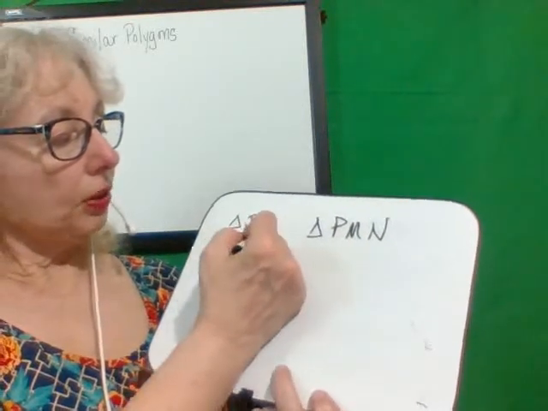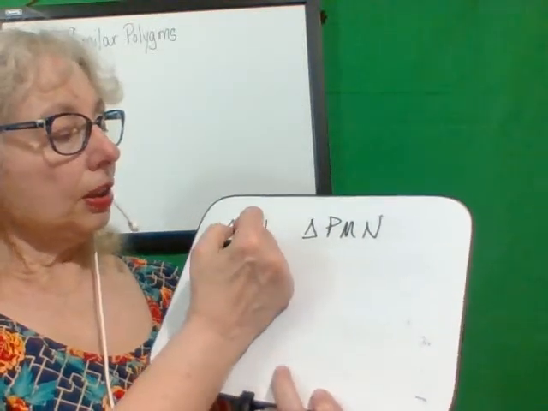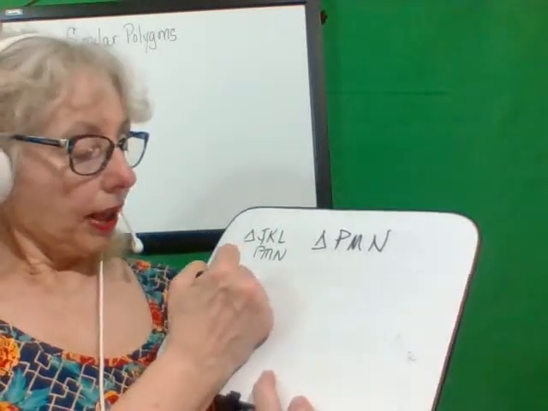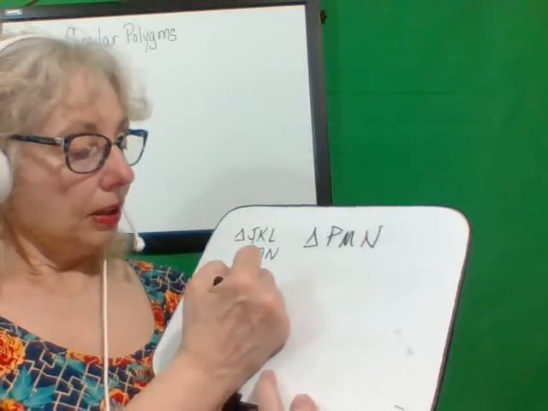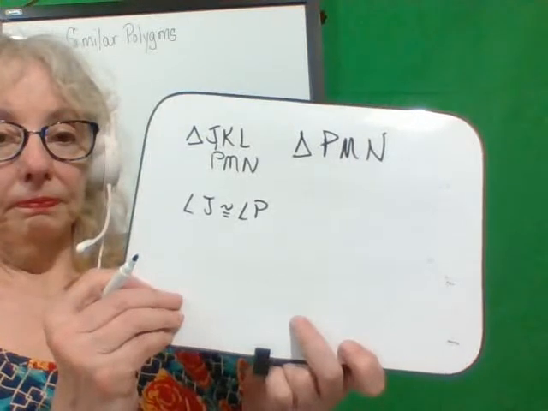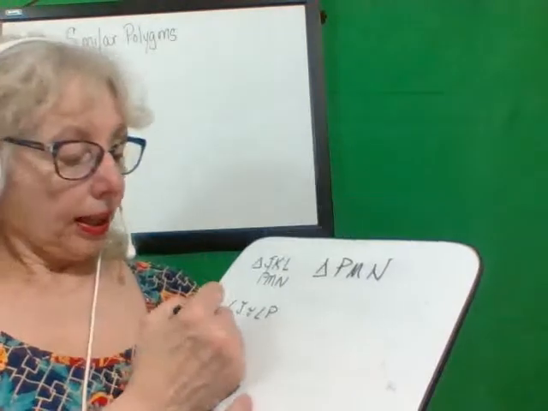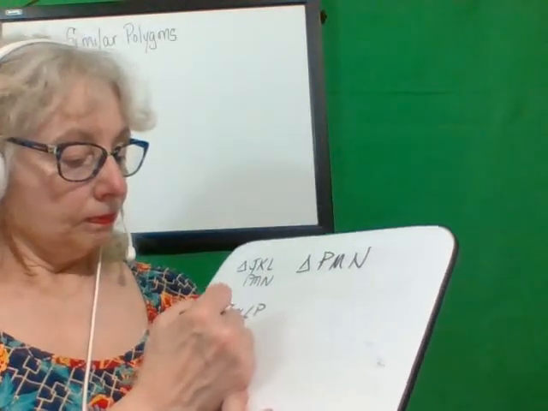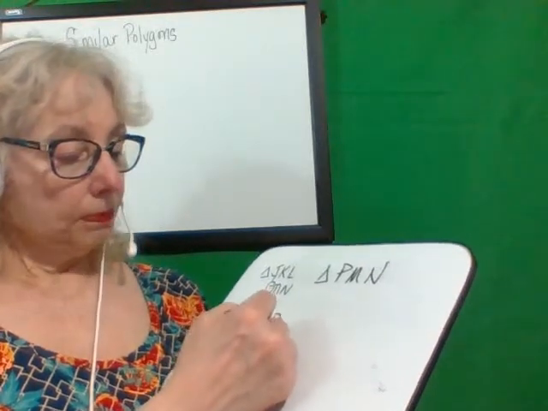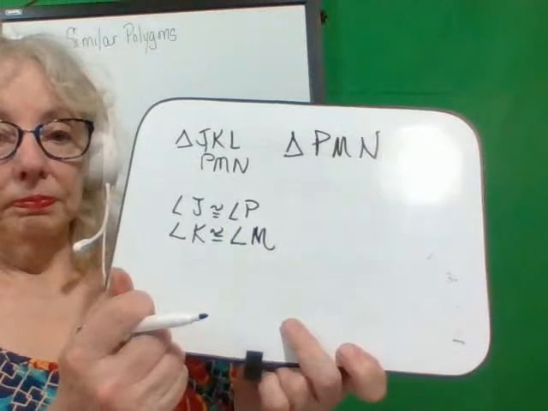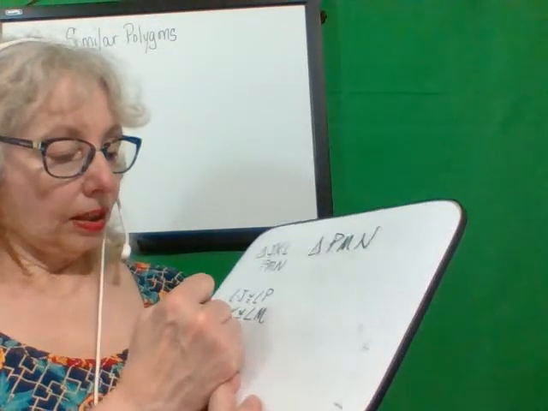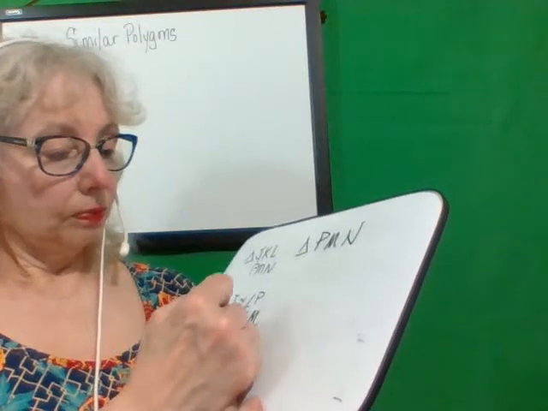Remember, if I write this as PMN, then J to P, those two angles have to be congruent. So I would have to say that angle J is congruent to angle P. That angle K is congruent to angle M. And angle L is congruent to angle N.